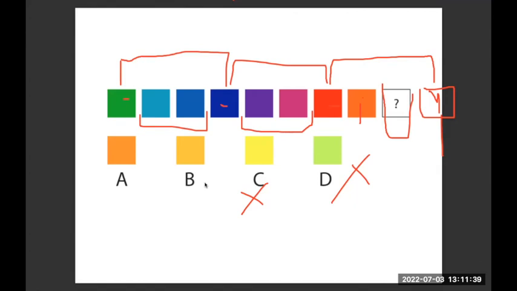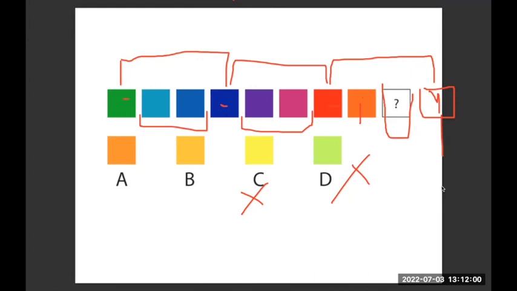A and... Sorry. A and C. B and C or A and C? I'm not able to get it. B. Okay.